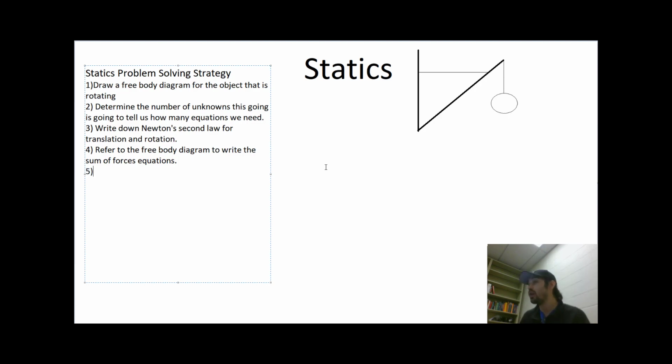Number 5, we need to pick a point of rotation to sum the torques. Now, a good choice, and this is an important point, a good choice minimizes the number of torques in the equation.